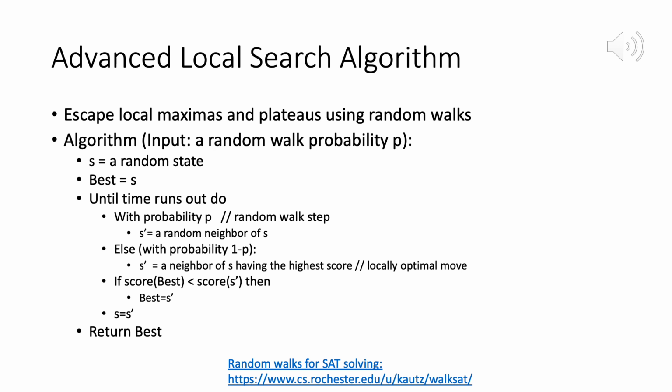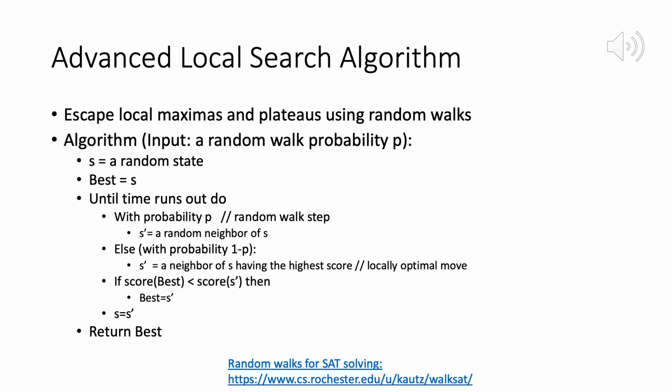The same move that we made in the basic local search algorithm, okay? So that's the algorithm. With probability P, you make the random walk move, and with probability 1 minus P, you make the locally optimal move. So because of the random walk moves, this algorithm escapes local maximas, okay?